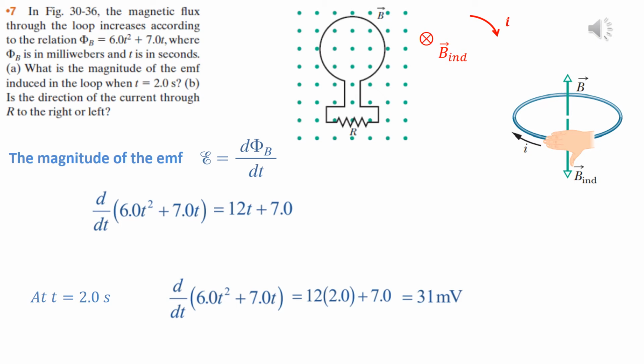Now to find the direction, remember that since B is increasing, the B induced is opposing the B initial, so if that one points out, this one will be X in red, and you can find the direction of the current.